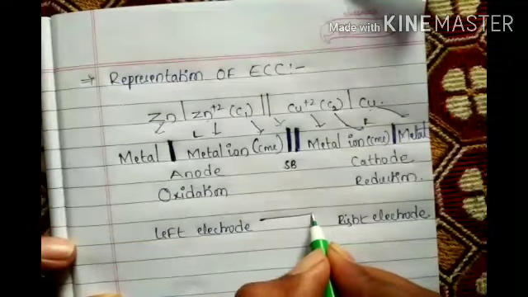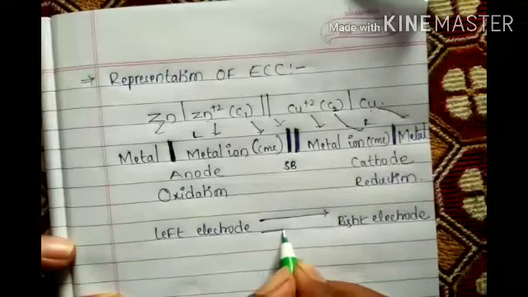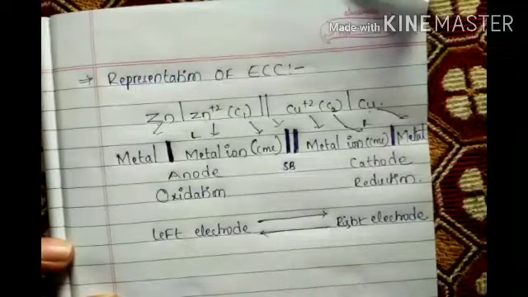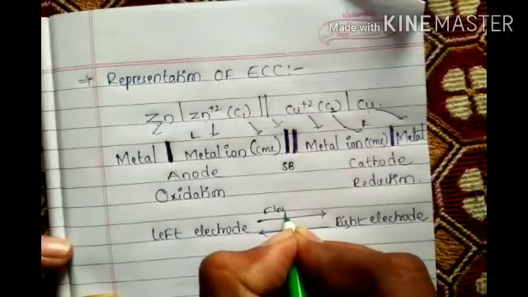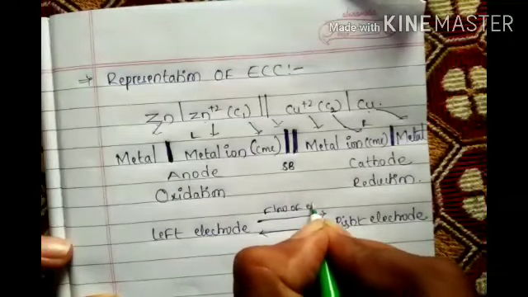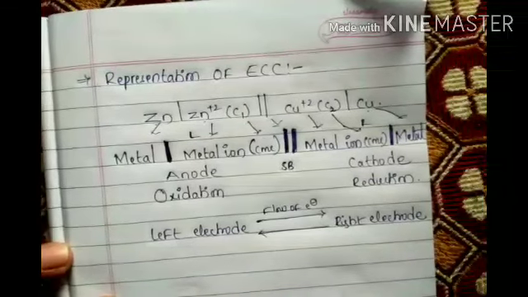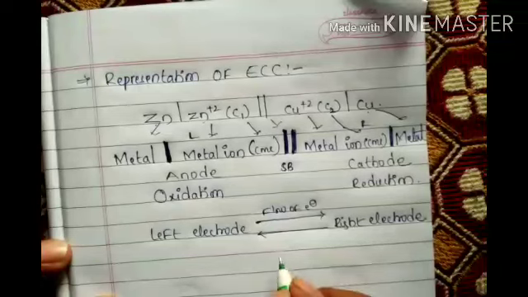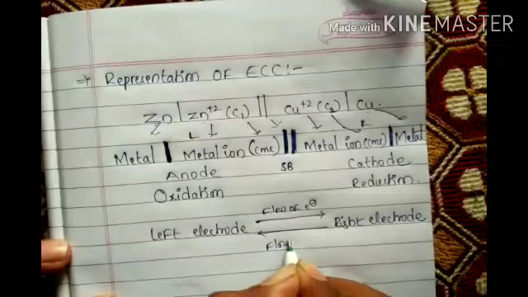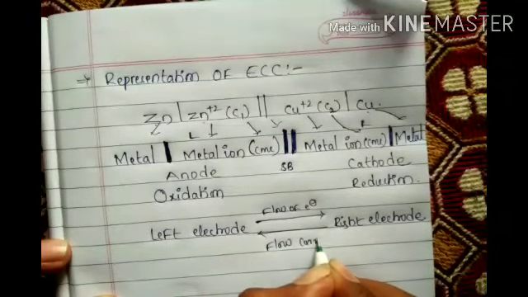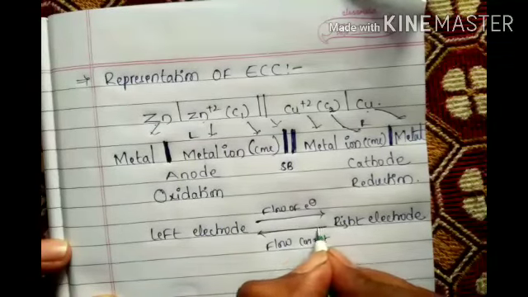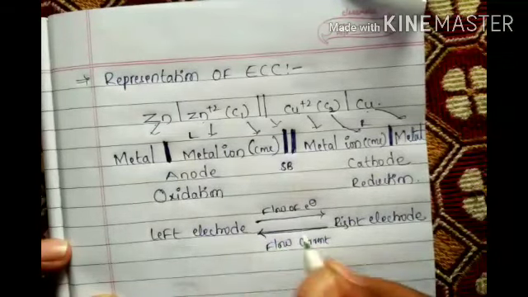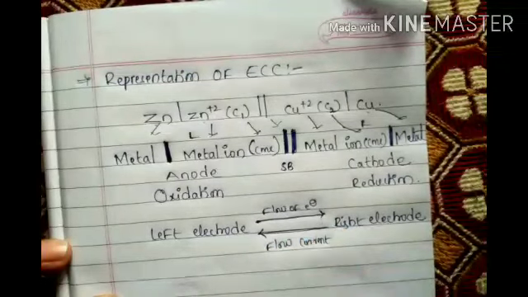Now here what is going on? Here arrow mark 1, arrow mark 2. What are arrow mark 1 and arrow mark 2? This is the flow of electrons. This is the flow of current.